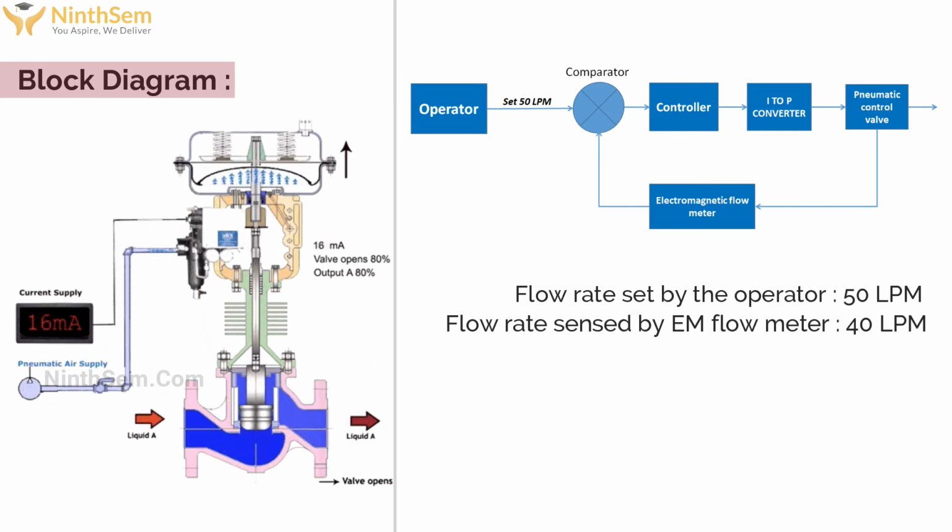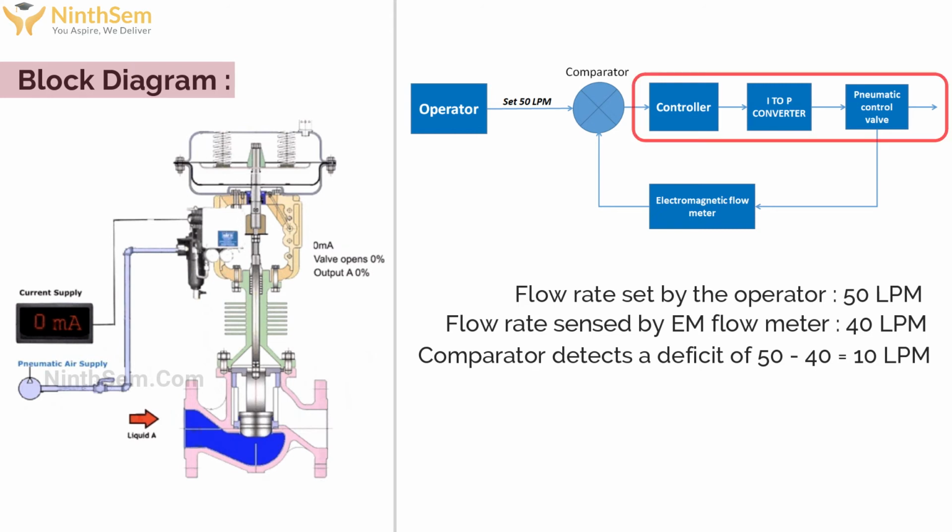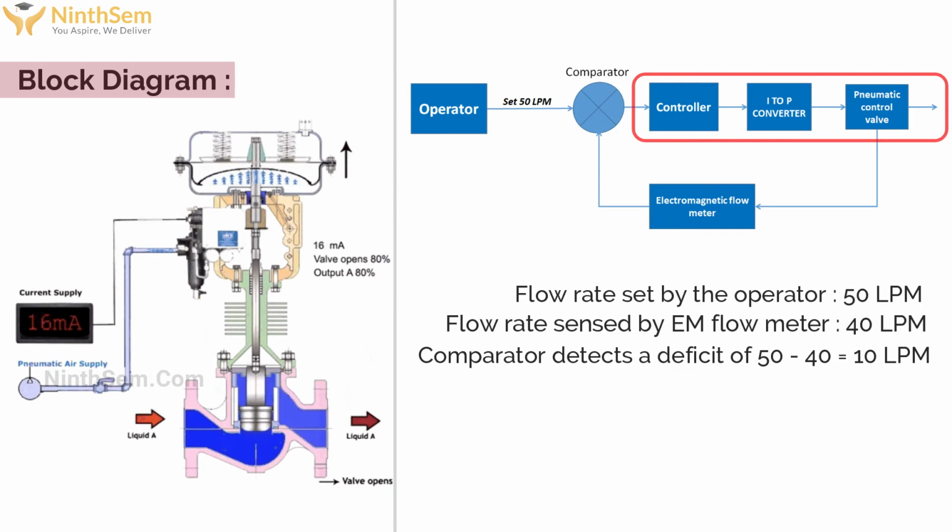That means there is a deficit of 10 LPM that the comparator detects. Ultimately, the controller gives a command to the I2P converter, which opens the valve more so as to get the desired set point, that is 50 LPM.